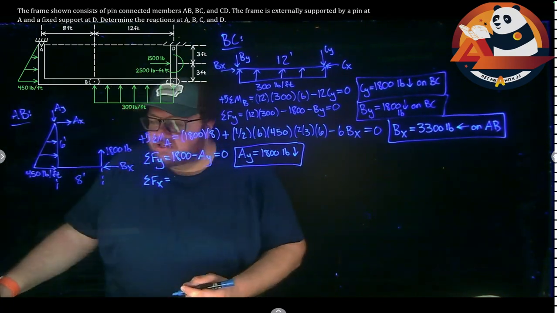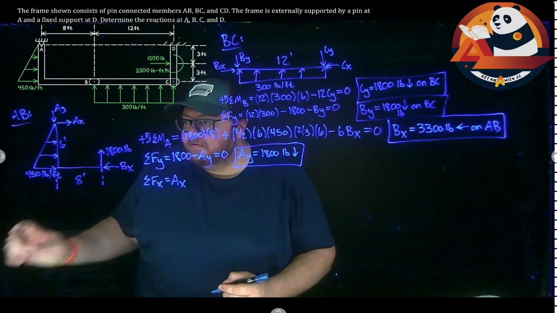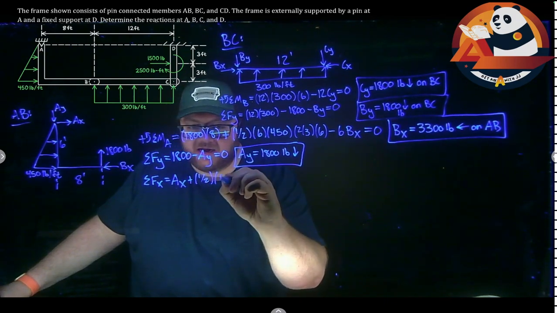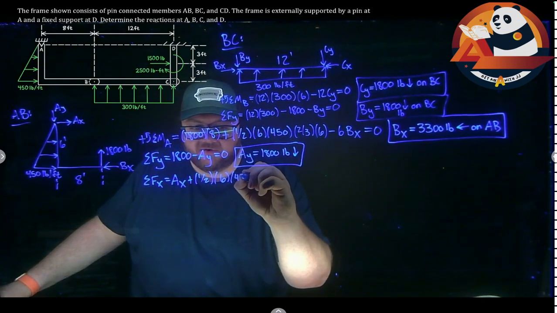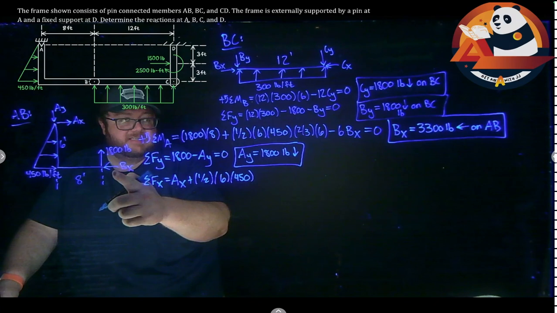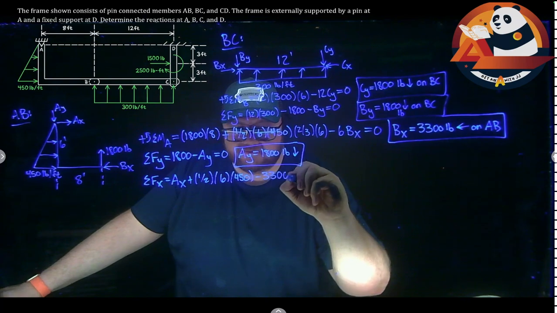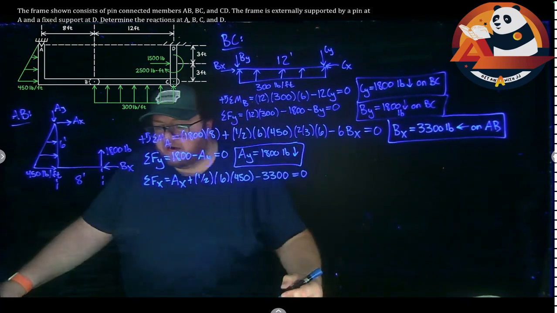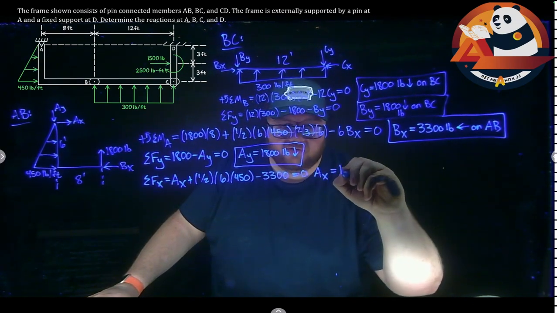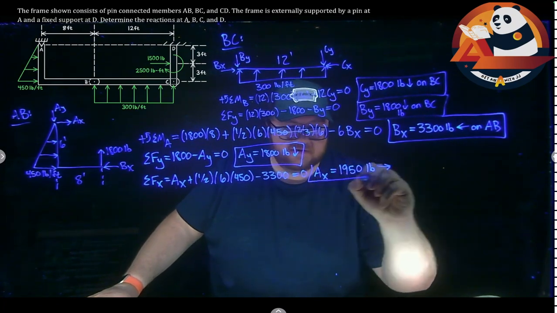So summing forces in the X, I have AX plus the area of my distributed load, plus 1/2 base 6 times height 450, minus BX, minus 3,300 should get us to 0. Where AX is our only unknown, if I solve for AX, I'm going to get that it is 1,950 pounds, and it's going to the right.